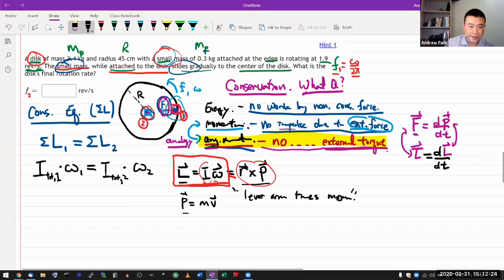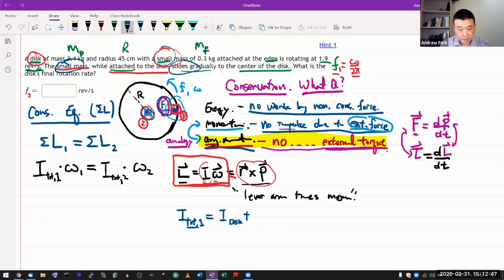So I need to write down what those rotational inertias are. Let me write them down. I'm going to use the superposition principle, which I mentioned before. According to the superposition principle, the total rotational inertia in snapshot 1 is the rotational inertia of the disk around the center, plus the rotational inertia of the small point mass around the same axis.